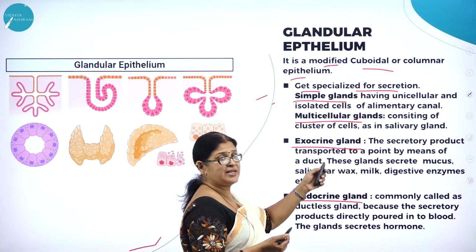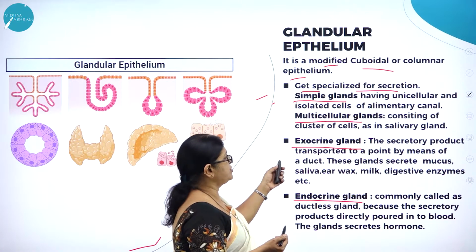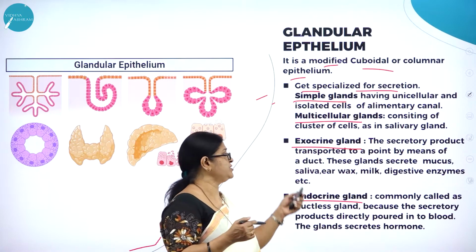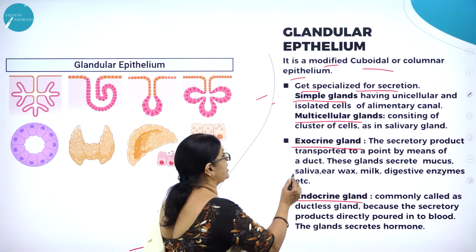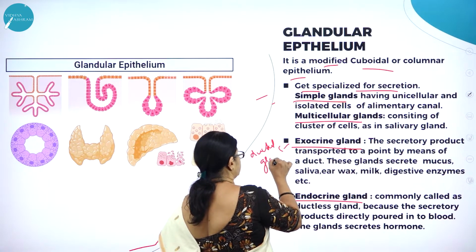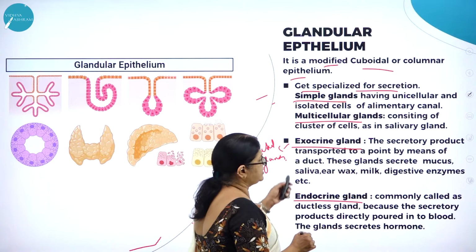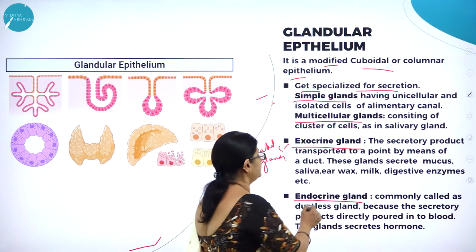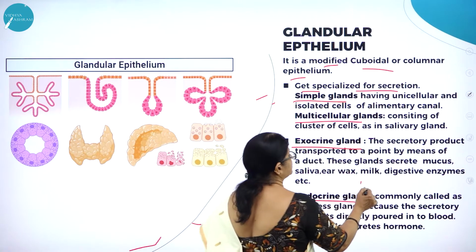Then exocrine glands, as I said, the secretions produced are transported to a point by means of a duct. So these are called duct glands. These glands secrete mucus, saliva, earwax, milk, digestive enzymes. Then endocrine glands are called ductless glands.